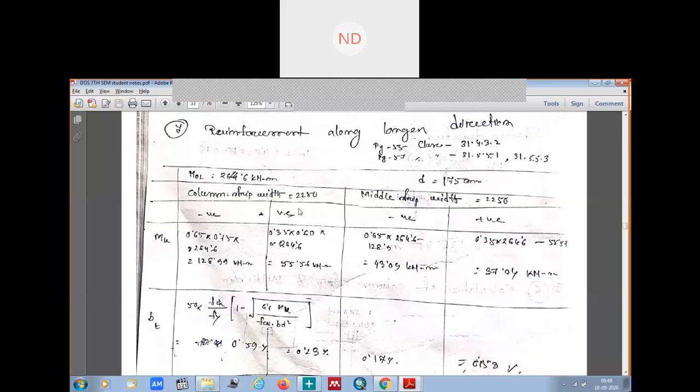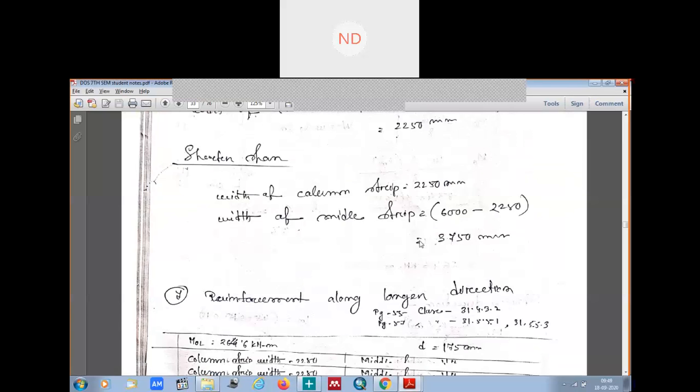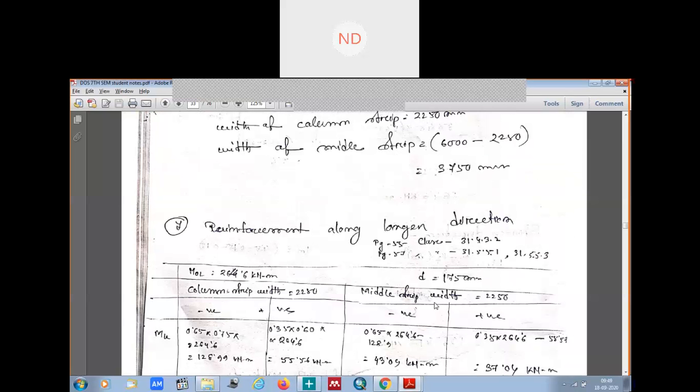Then our column strip along the longer direction was 2250, we had calculated just now. Along the longer direction, the width of the column strip is 2250. Middle strip width is how much? 2250 along the longer direction.